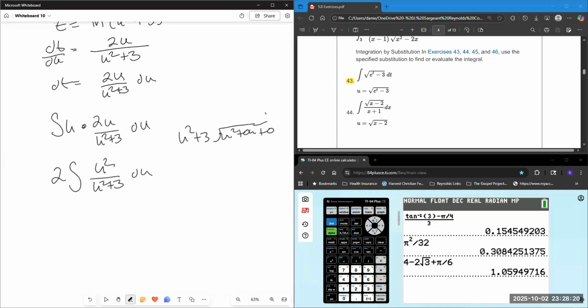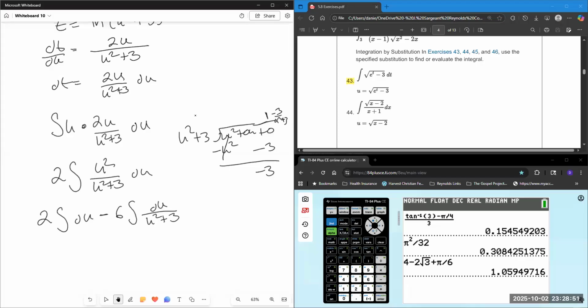So 1, u squared plus 3, change my signs and add, minus 3 over u squared plus 3. So this is 2 integral of du minus 2 times 3, which is 6, integral of du over u squared plus 3.